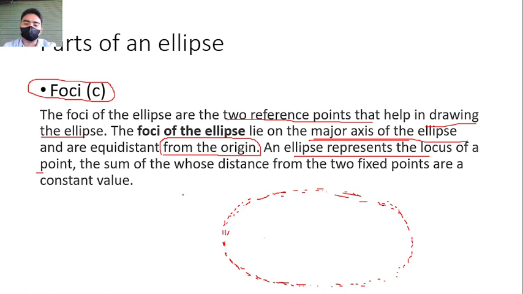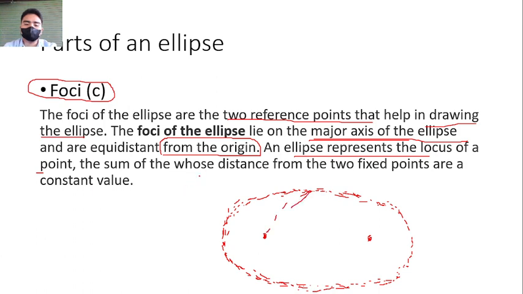So if you have two reference points and you have the locus, the locus represents the points whose distances are fixed and have a constant value.